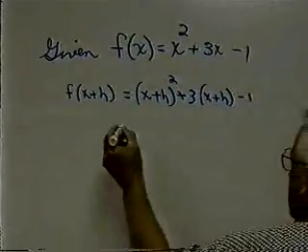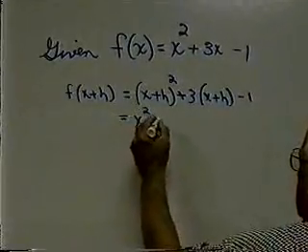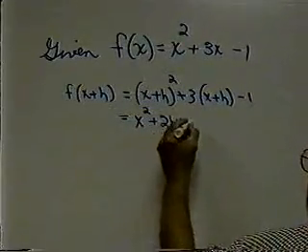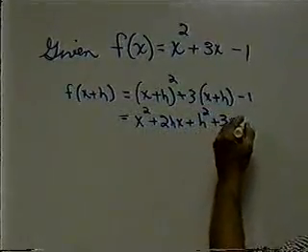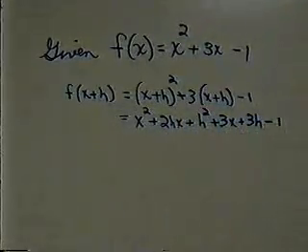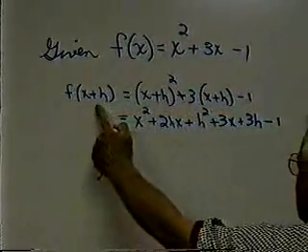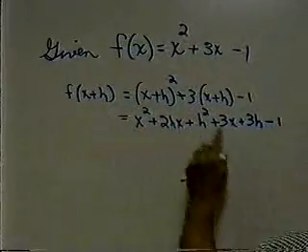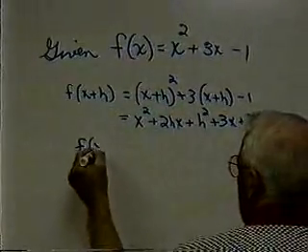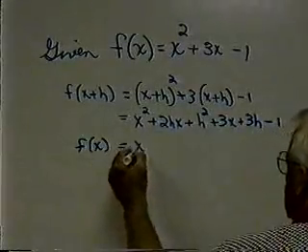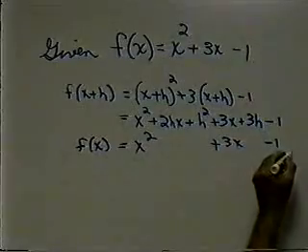So let's expand that out. So expanding that, we get x squared plus 2hx plus h squared plus 3x plus 3h minus 1. So step one is to replace the x with x plus h, expand that out, then come along and rewrite what f of x is, which is x squared plus 3x minus 1.